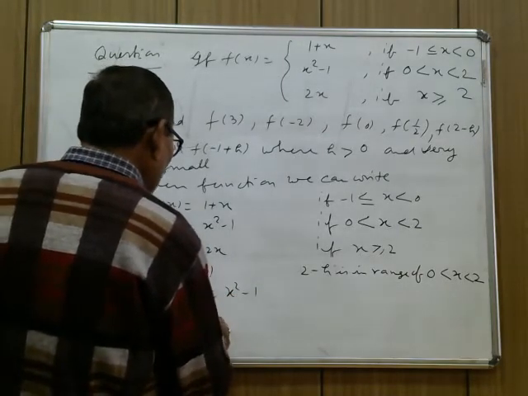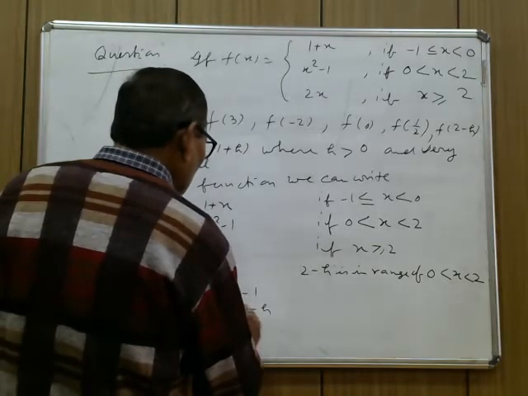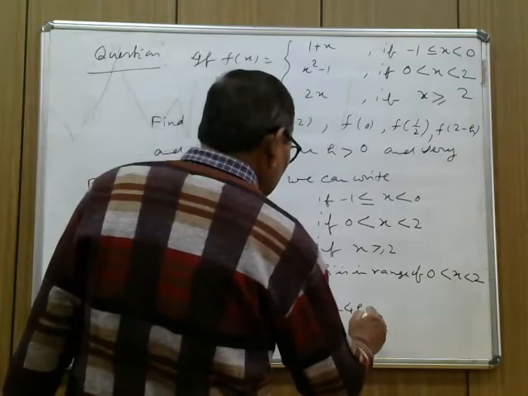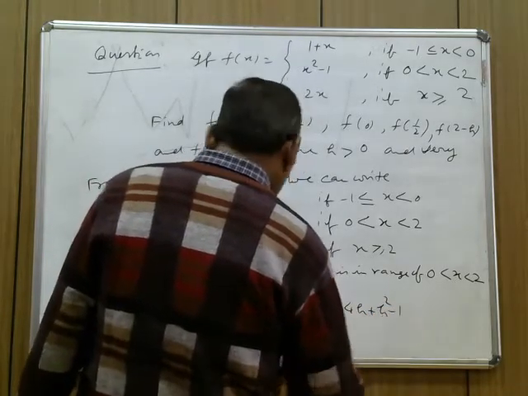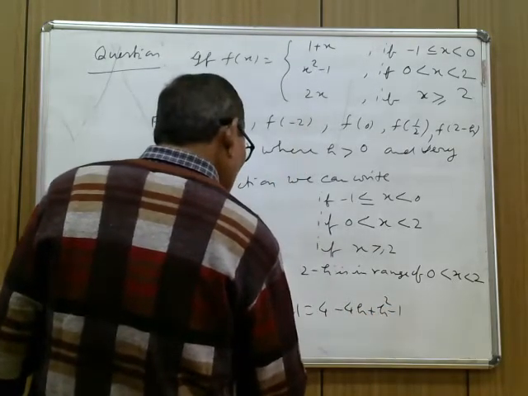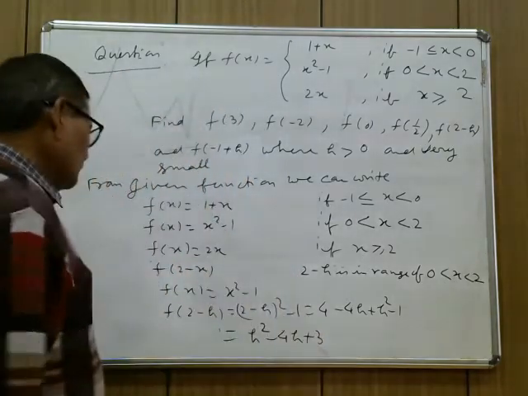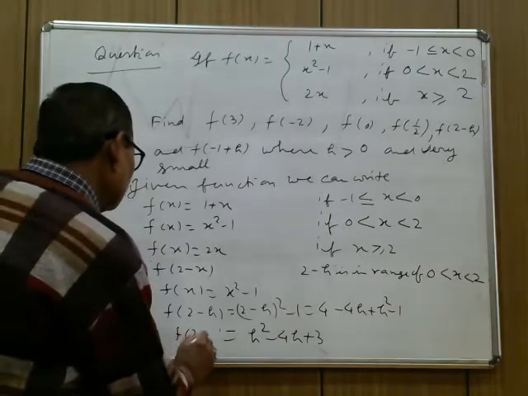So f of 2 minus h is 2 minus h whole square minus 1, 4 minus 4h plus h square minus 1, and that is equal to h square minus 4h plus 3. So your f of 2 minus h is this much.